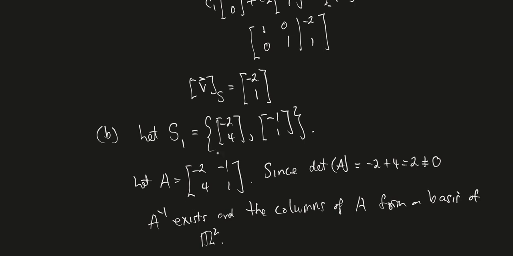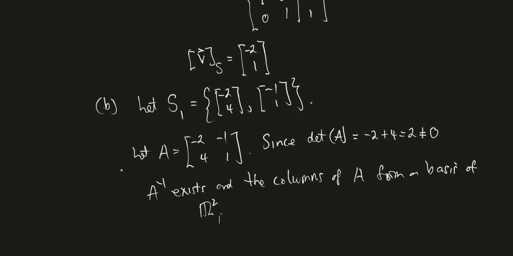So that's just verifying that it actually works. Remember, whenever your coefficient matrix is invertible, your system is guaranteed to have a unique solution, and that's what we want when we claim to have a basis.